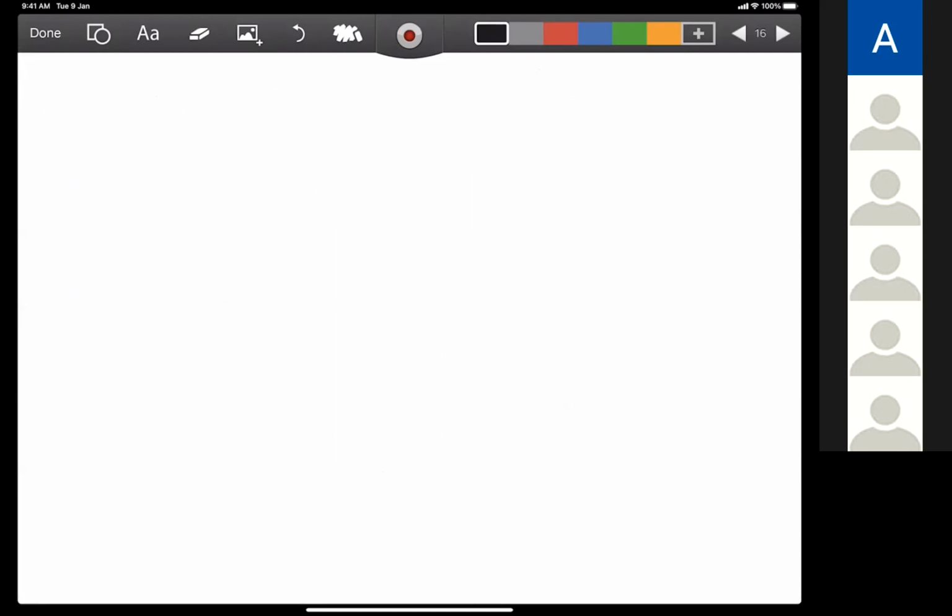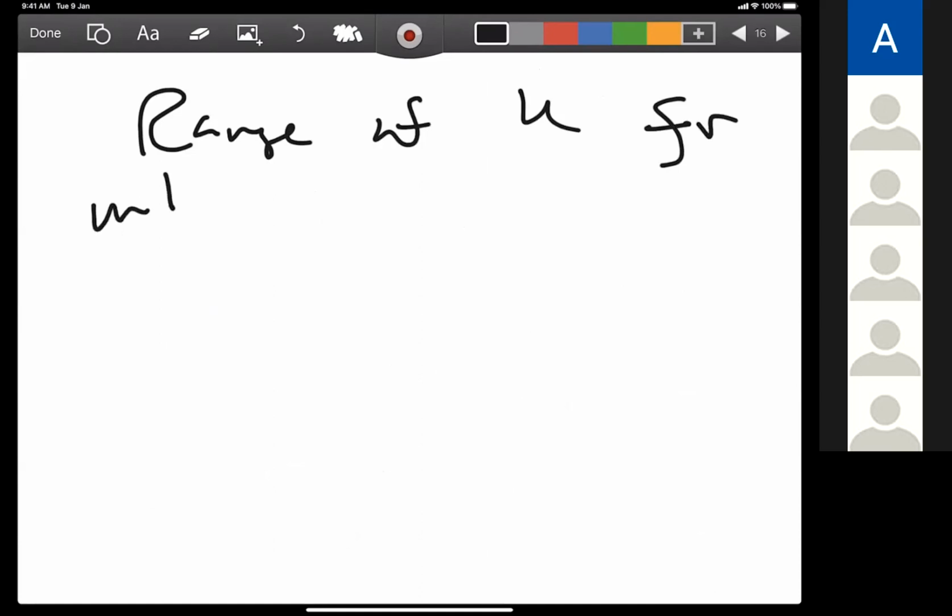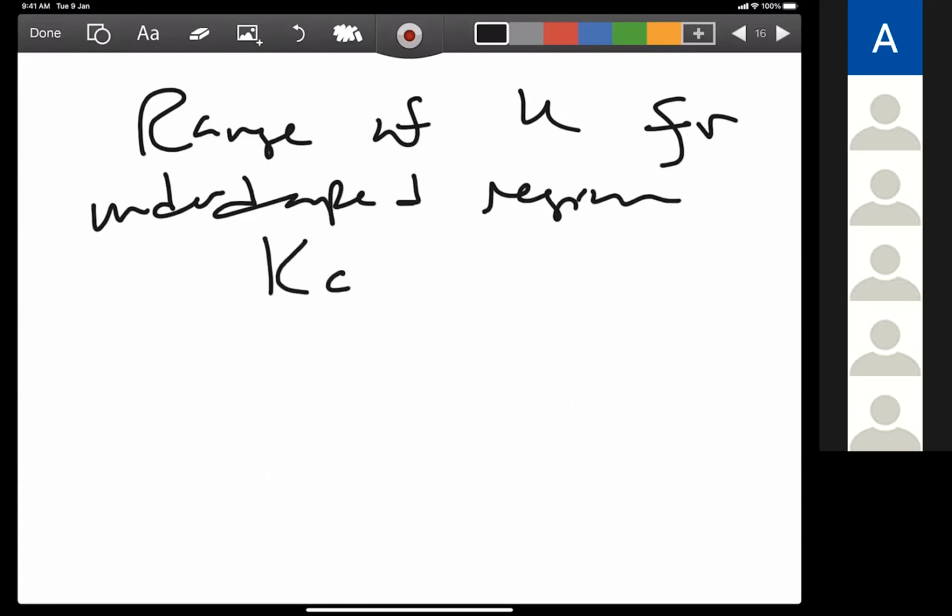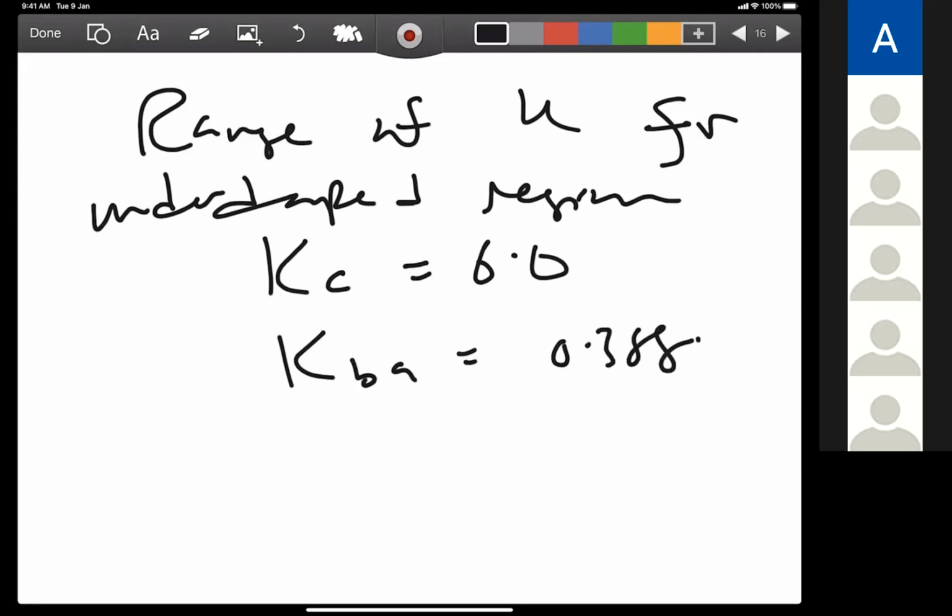Next question is the range for the gain k for underdamped region response. Range of k, underdamped region. So we know that Kc is 6.0, K breakaway is 0.388. Okay.